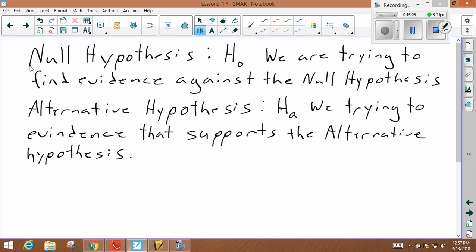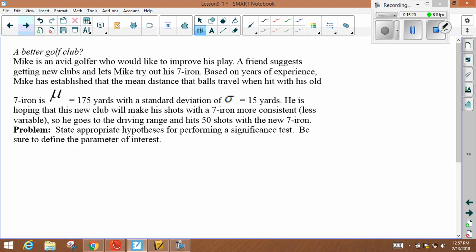So let's go ahead and get to an example that will help us to determine what our null and our alternative hypotheses are in a particular situation.